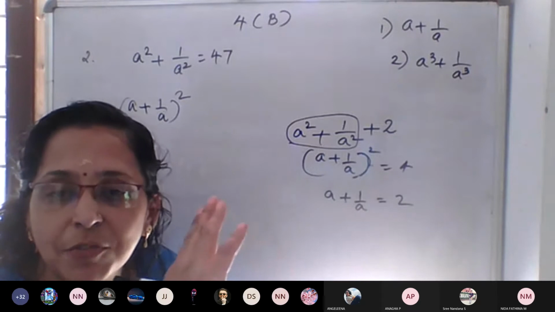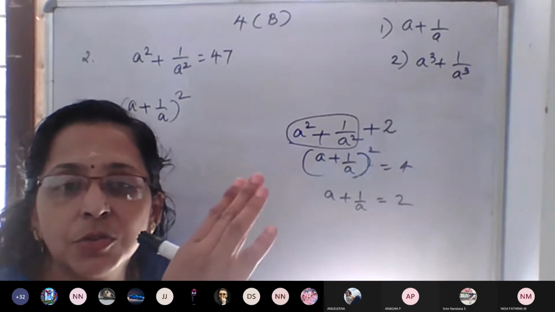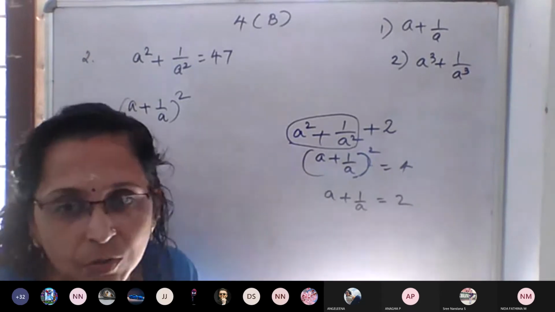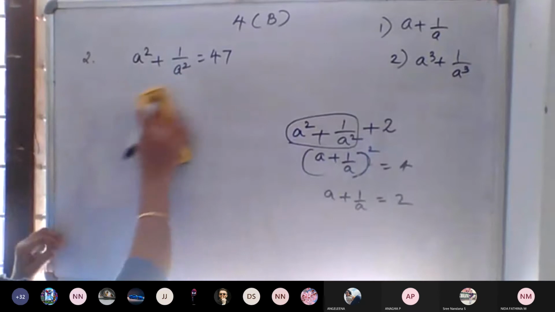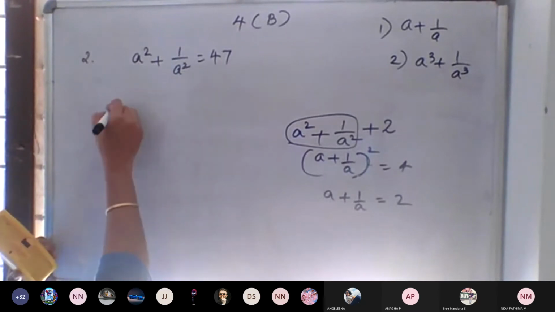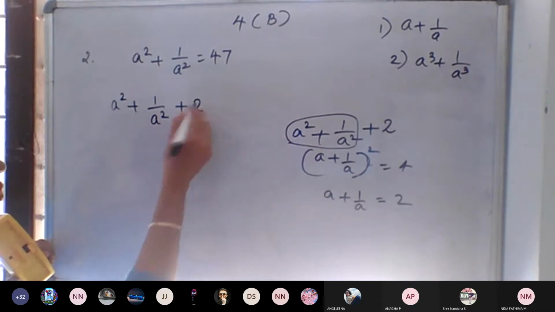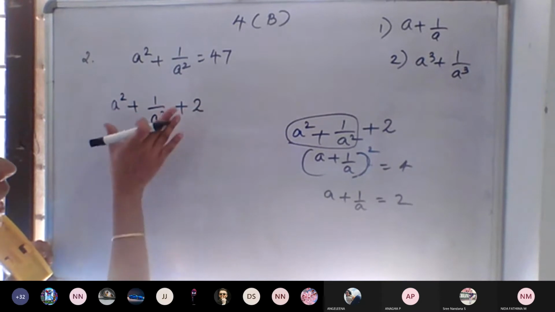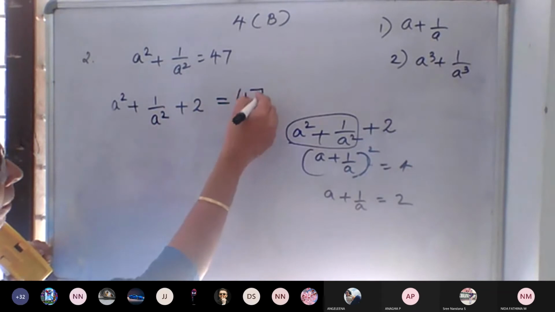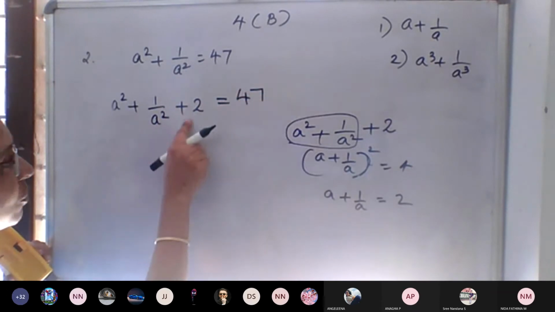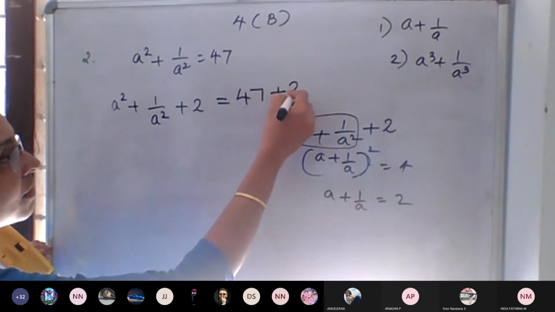In the same way, if we are giving 2 to the left side, that same 2 we have to give to the right side also. No partiality. So why are we adding 2 to the left side? It is compulsory: if we add 2 in the left side, we should add 2 in the right side also.